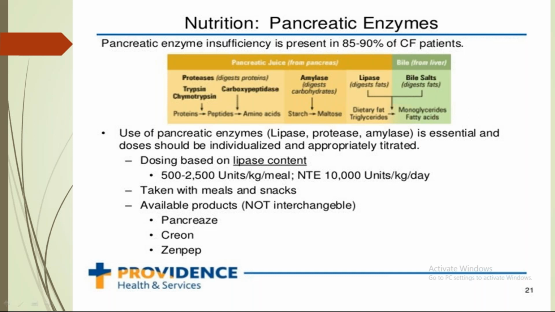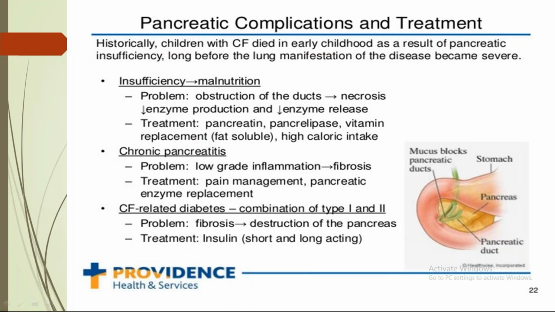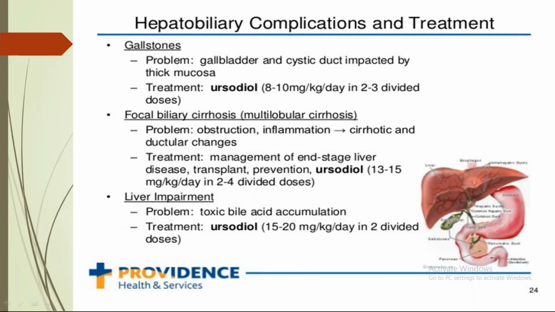These are the most commonly available products. Coming to the pancreatic complications, due to pancreatic insufficiency they will have deficiency of protease, amylase, and lipase, so there will be malabsorption, and we will go for replacement. As the pancreas is also affected, they are more prone to diabetes.